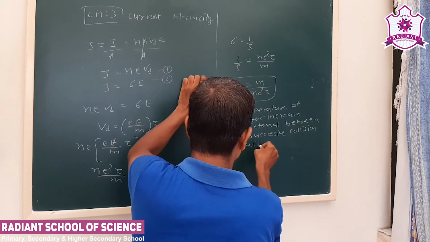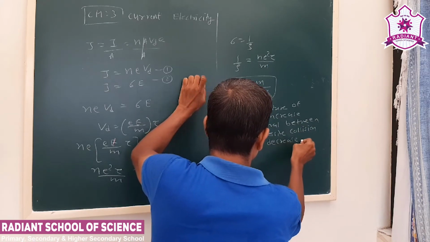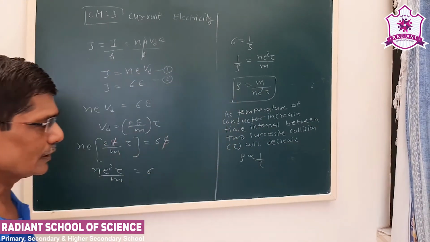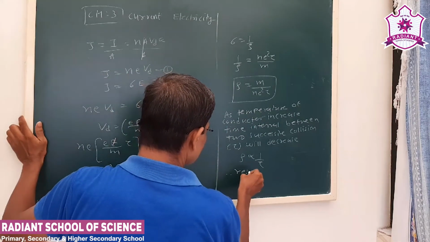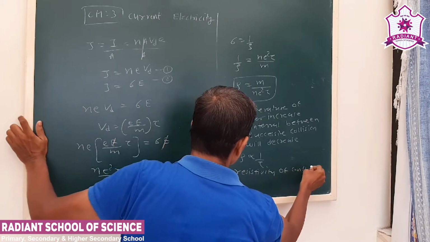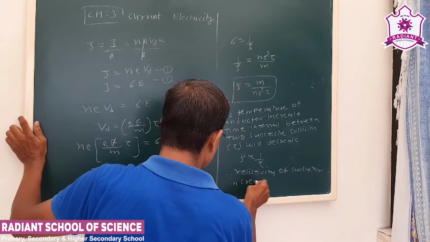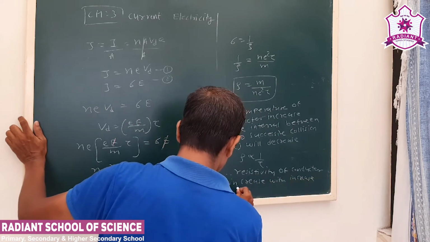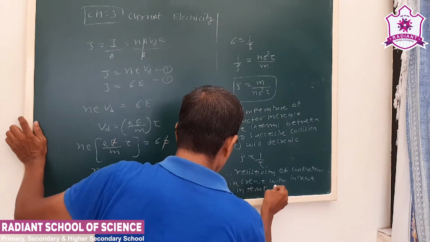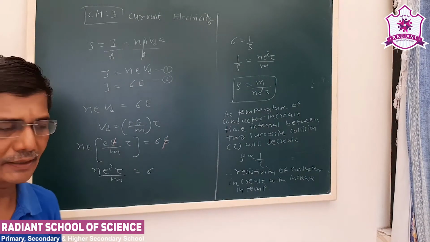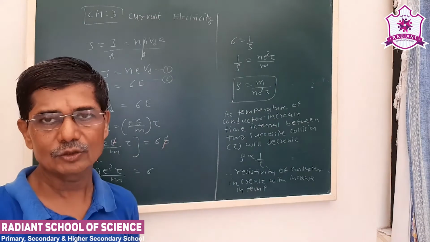And rho is inversely proportional to tau. Therefore, the resistivity of the conductor increases. Okay. So this is how we can show that the resistivity of a conductor, generally metals, increases with increase in temperature. This can be asked in a 2-mark question.